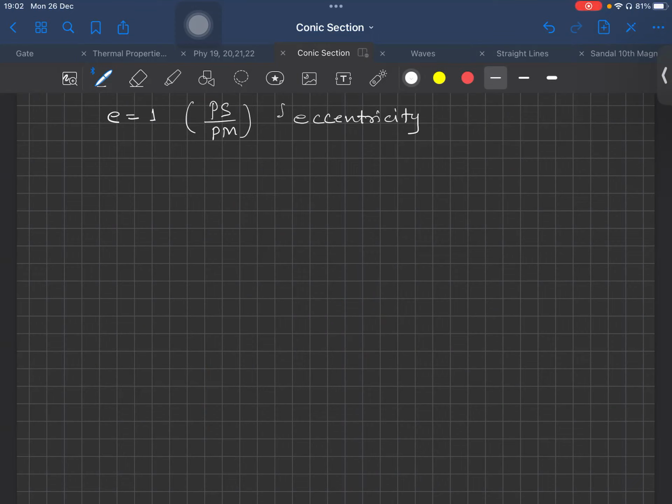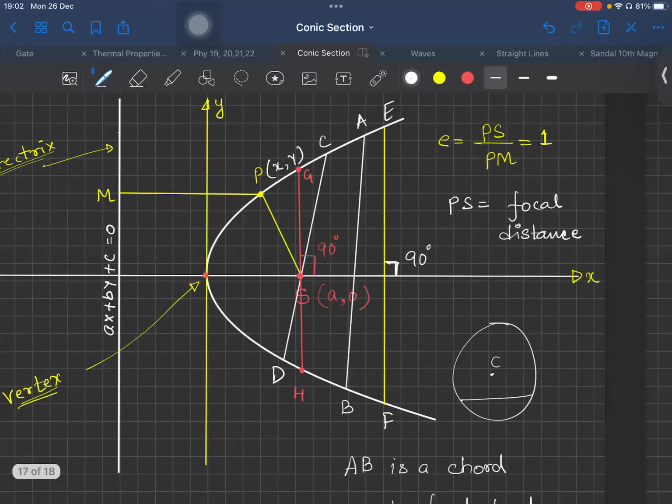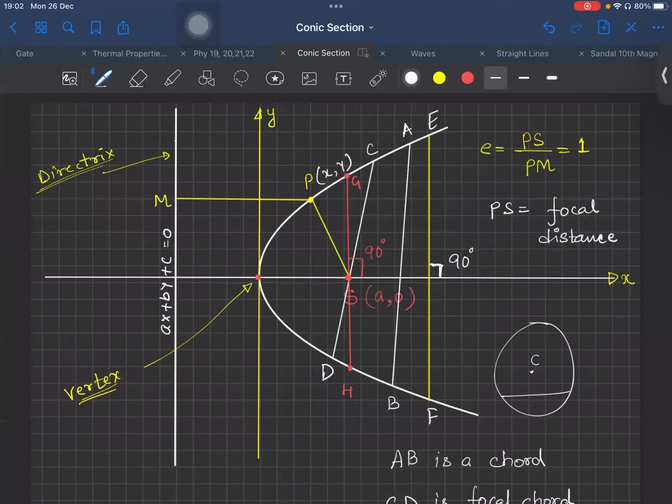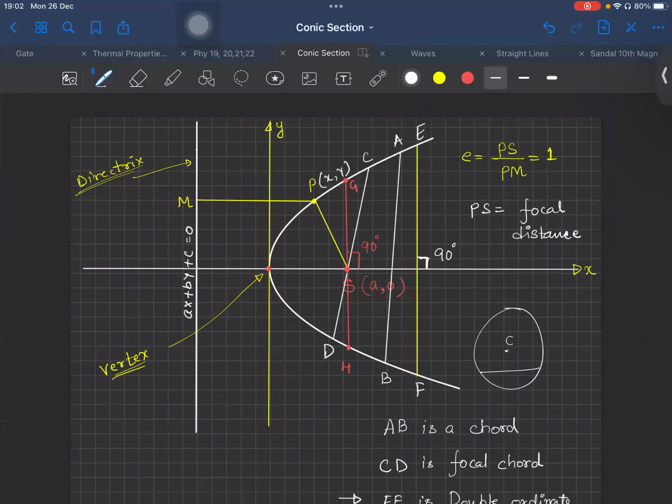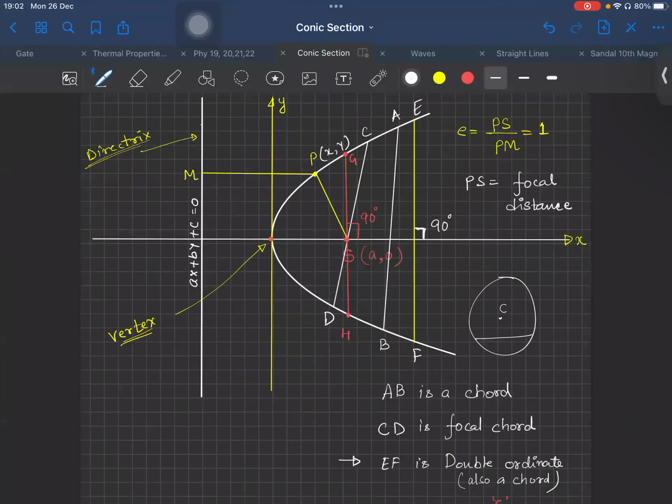Eccentricity is always equal to 1 for a parabola. Just see the definition once, and you can ask me what these things are, and we will discuss more about the equations. These are just terminologies related to a parabola. Just see it once and let me know.